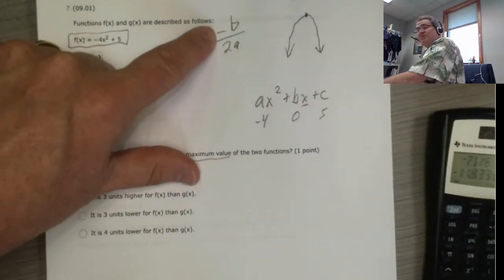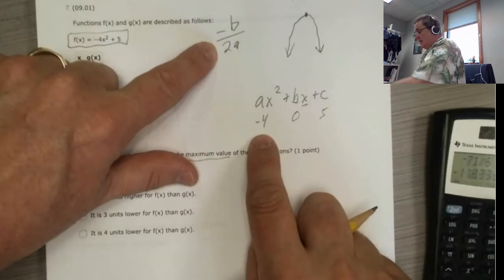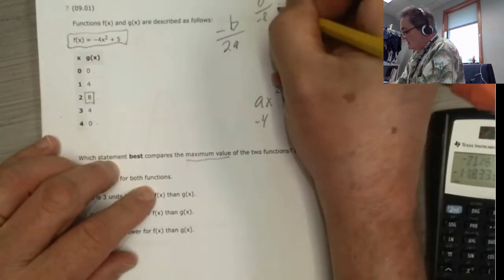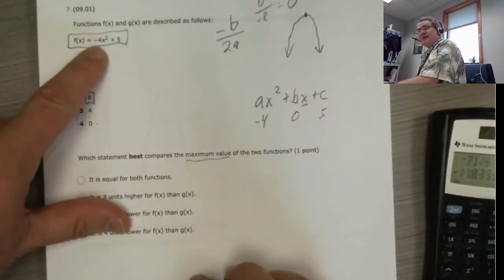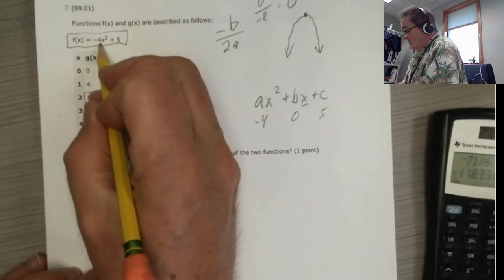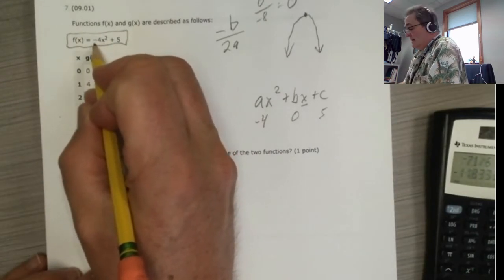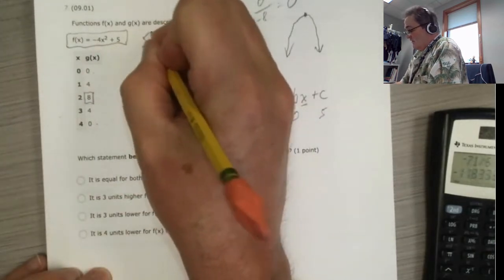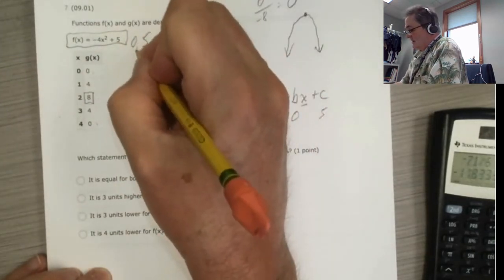So negative 0 divided by 2 times negative 4, negative 8. 0 over negative 8 is just 0. So when the x is 0, this is at its maximum. What is that maximum? Well, 0 squared is 0, and negative 4 times that 0 is still 0, plus 5. So 5 is what it equals when the x is 0.